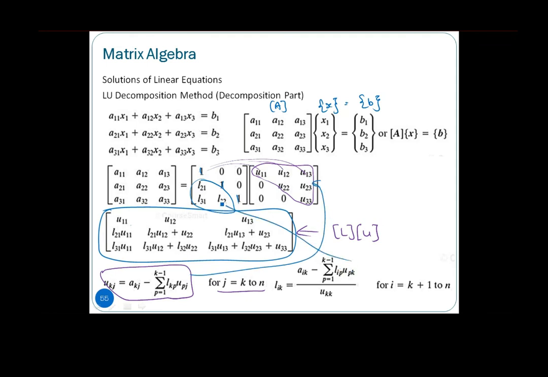So we want to find the upper triangular matrix: you have U11, U22, U33, which is the diagonal we need to find, then the upper ones, which are U12, U13.